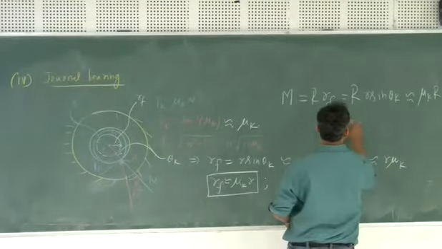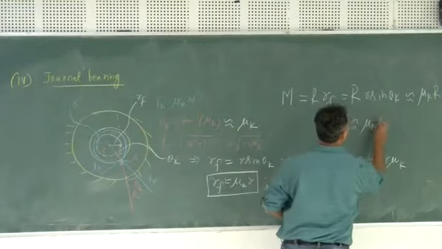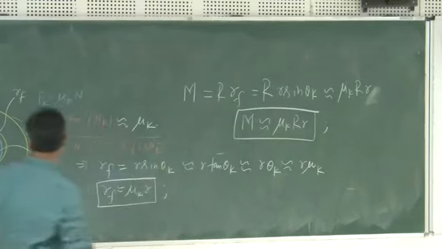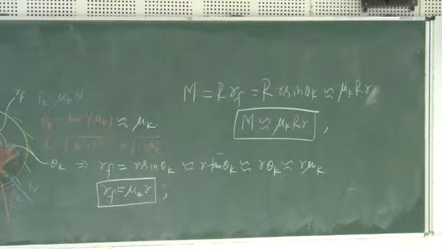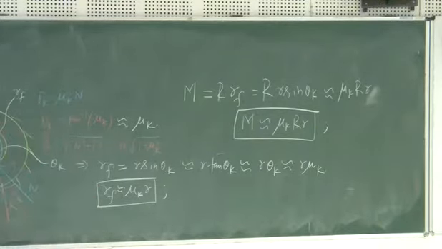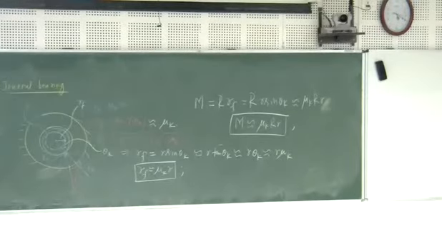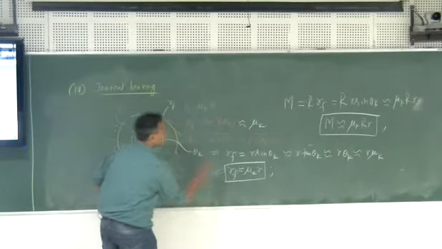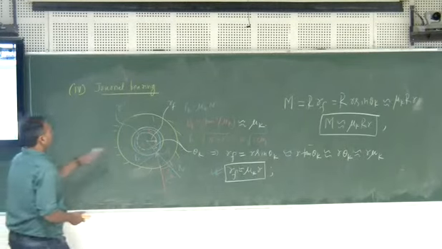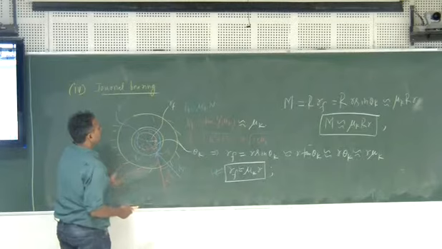So M is approximately equal to mu k R r. Here small r is the radius of your journal, which is your shaft, and capital R is the resultant of these forces, normal and friction force. And mu k is the coefficient of kinetic friction. So this is how it really works in case of your journal bearing. This relationship is very very important when you try to solve the problem of the journal bearing or a rotating shaft with respect to a fixed circular bearing.